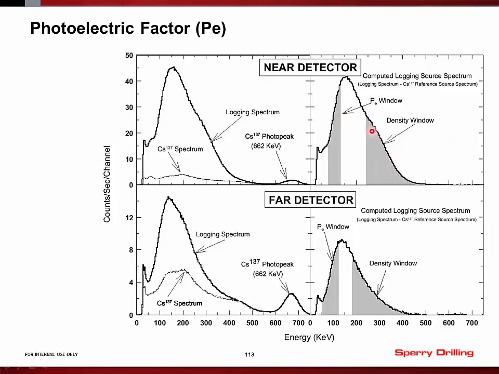When the gamma rays have high energy, they will just tend to bounce off atoms and lose energy. Whereas when they get down into the lower energy range, it's possible for them to be captured. The process for capture is called photoelectric capture. I won't get into the details of what that means, but what it does is essentially reduce the number of lower energy gamma rays that we detect.